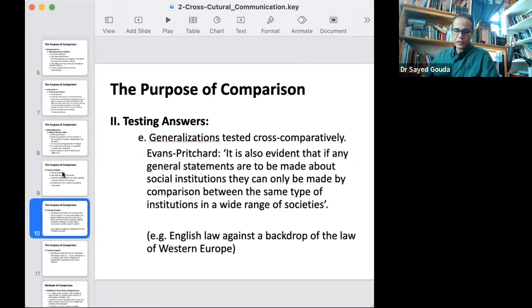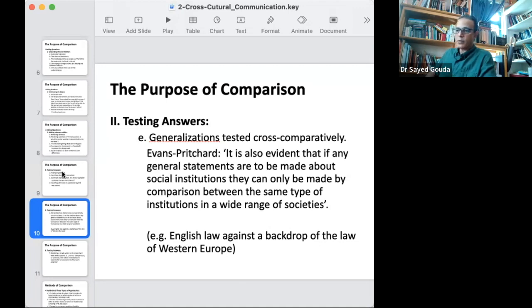Also, the generalizations. Even though some historians claim that they don't pass any general statements, usually they do. And we need to test these generalizations. Whatever general statement we make, we need to test and examine it cross-comparatively.